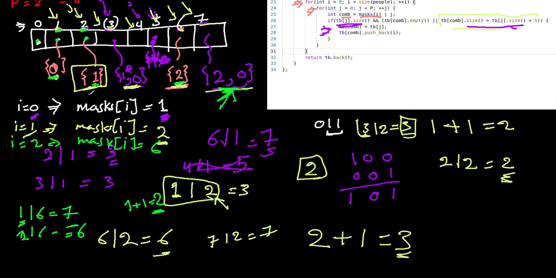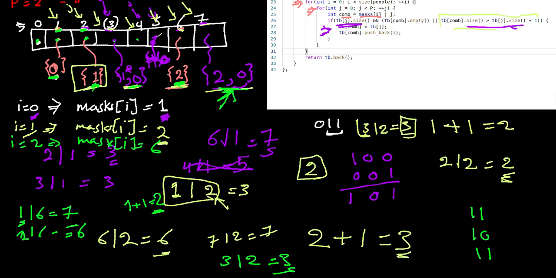We have 1 person, and here we have 1 person. 1 plus 1 is 2, which is not smaller than 2, so we will not update the value at 6. 3, 1, 0, the mask 3 or 2. 3 is 1, 1, 2 is 1, 0, so 3 or 2 is 3. It will point to the same cell and we will not update.